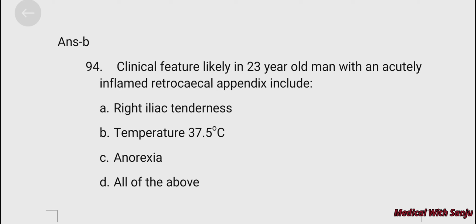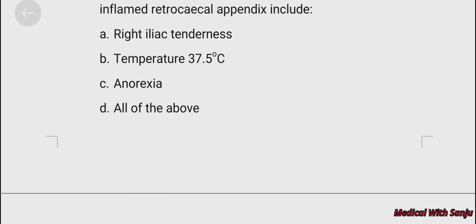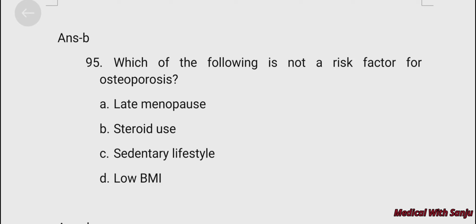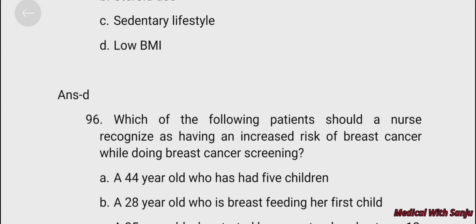Temperature 37.5 degrees Celsius is the right answer. Question number 95. Which of the following is not a risk factor for osteoporosis? Option A late menopause, option B steroid use, option C sedentary lifestyle and option D low BMI. Low BMI is not a risk factor for osteoporosis. Option D is the right answer.